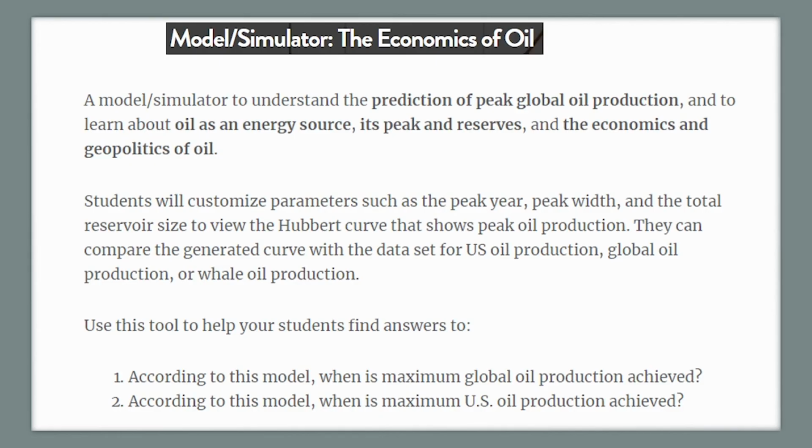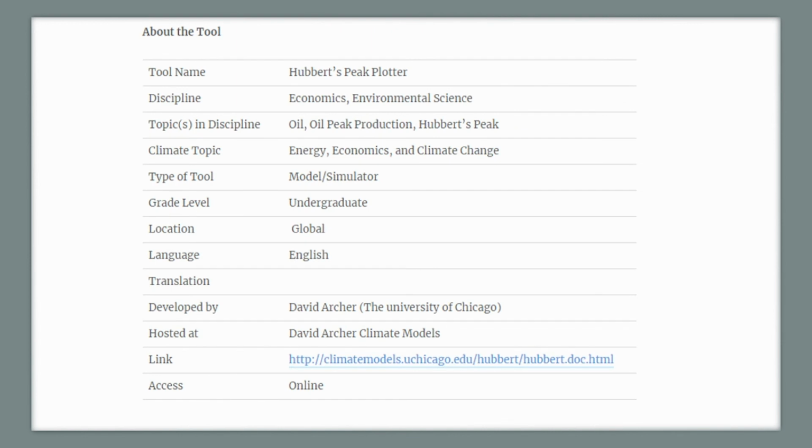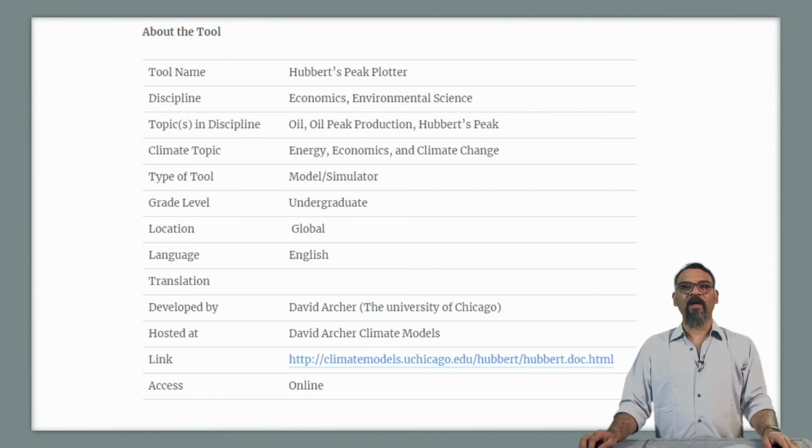Using this model or simulator, your students can customize parameters such as peak year, peak width, total reservoir size, and will be able to view the Hubbert curve that shows peak oil production. They can compare the generated curve with the data set for US oil production, global oil production, or whale oil production. This particular tool has been developed by David Archer of the University of Chicago, and is present on the link shown here.